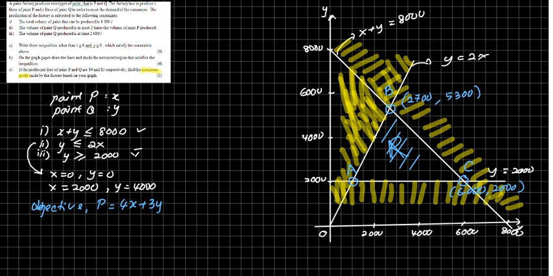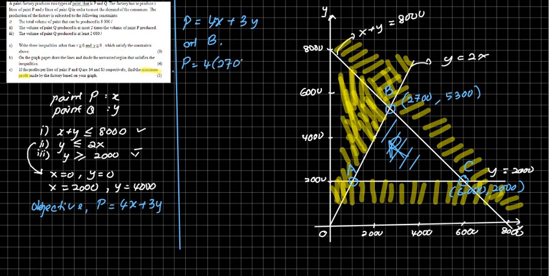To find the profit, again you substitute. P equals 4x plus 3y. At point B, P equals 4 times 2,700 plus 3 times 5,300, which gives P equals 26,700.